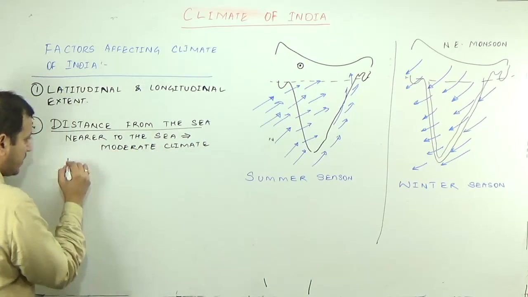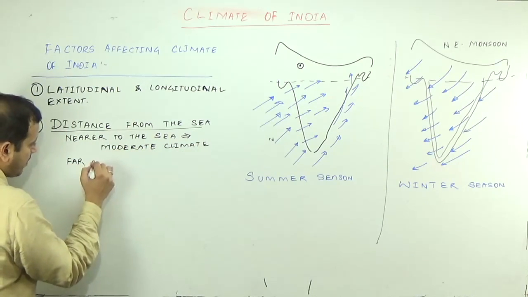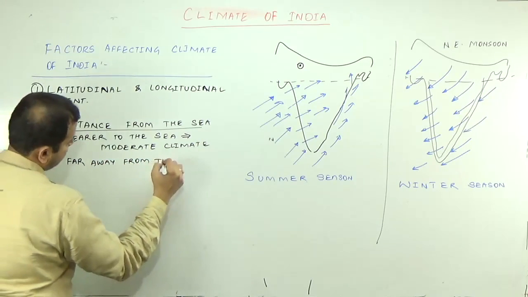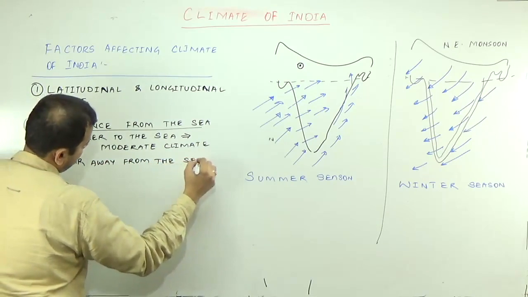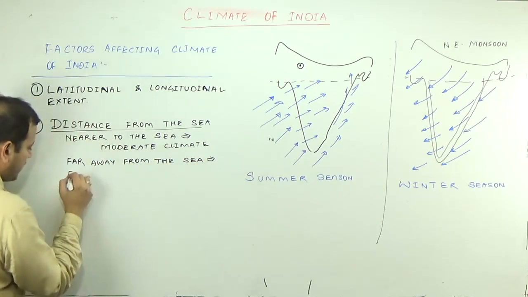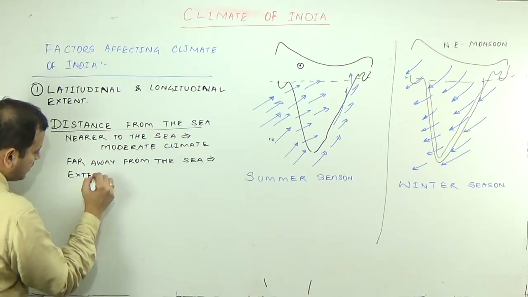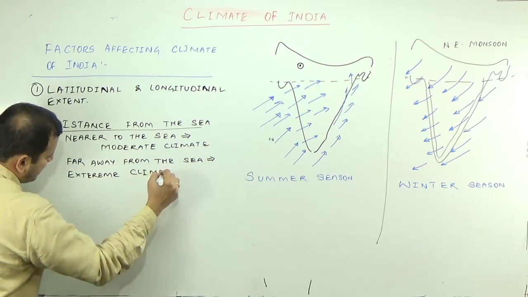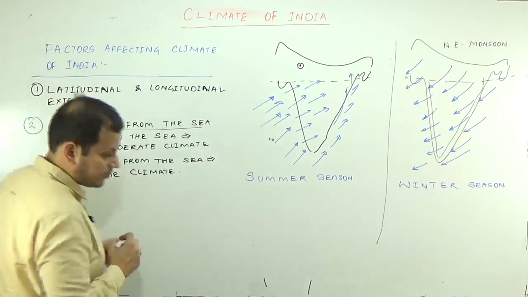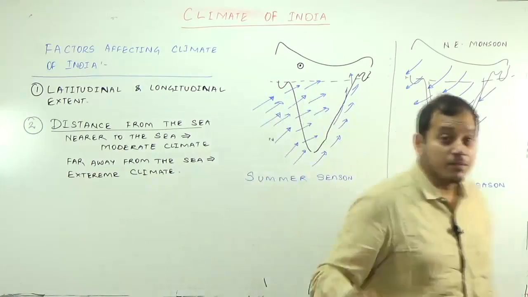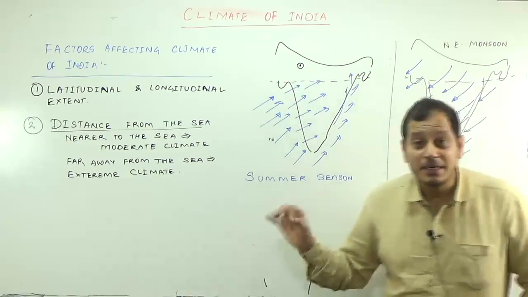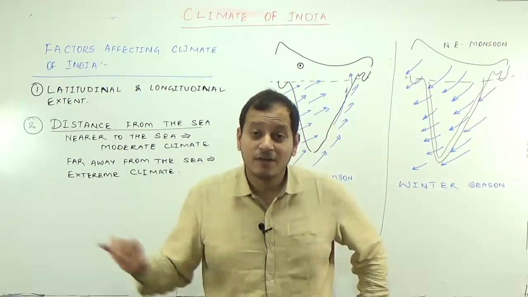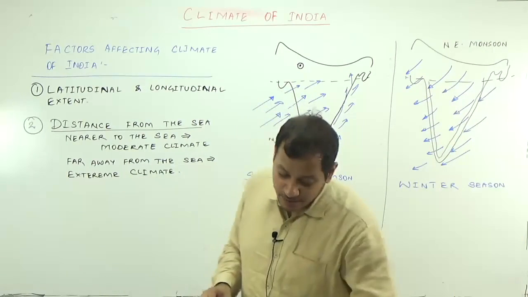Far away from the sea, we have an extreme climate. Far away from the sea, we have extreme climate in India. Extreme climate means summers are very hot, winters are extremely cold.